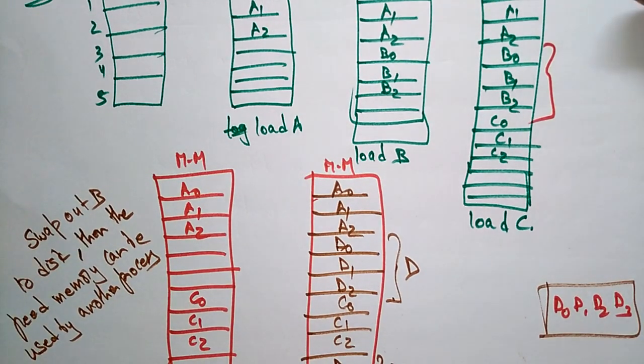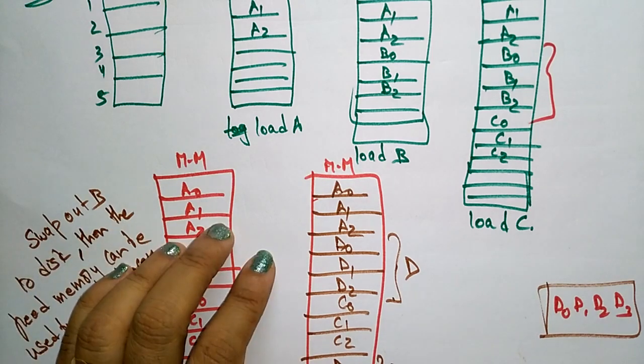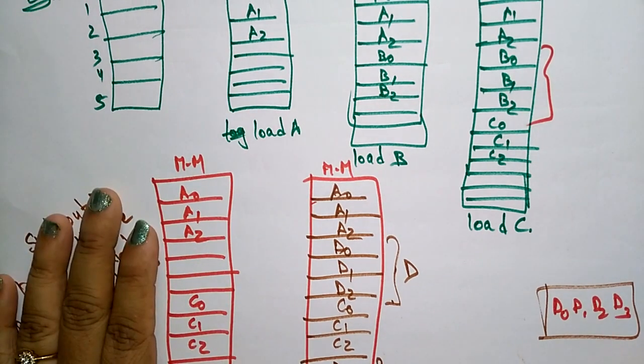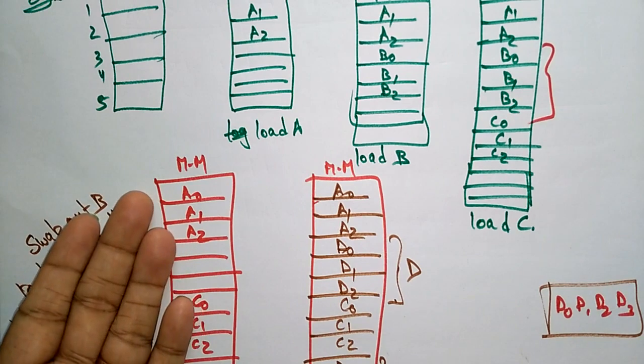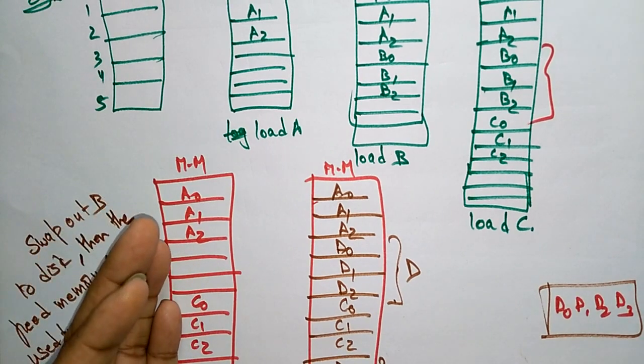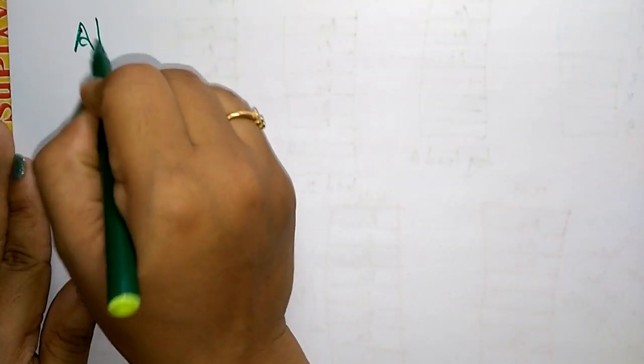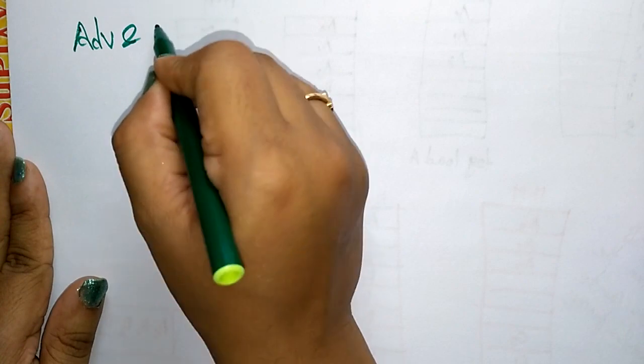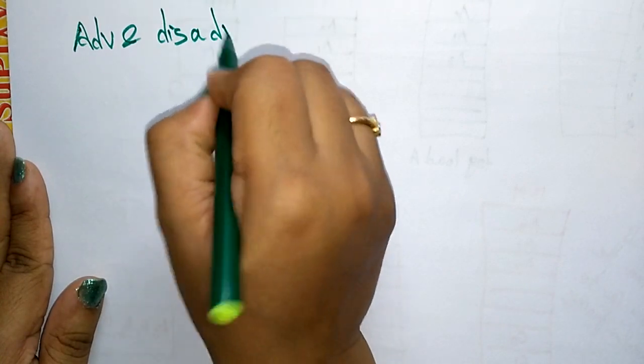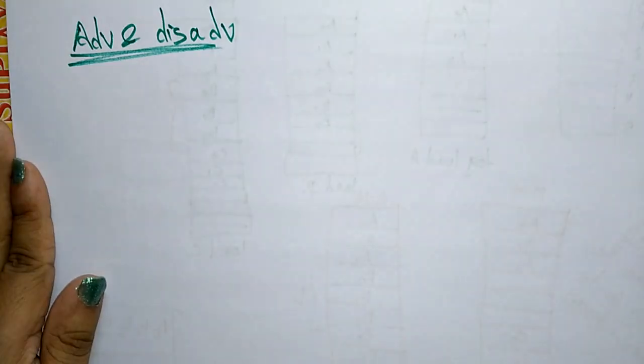Coming to the advantages and disadvantages: paging reduces external fragmentation, and that is the main reason we use the paging concept. How does it reduce external fragmentation? Because the number of pages is always equal to the number of frames.